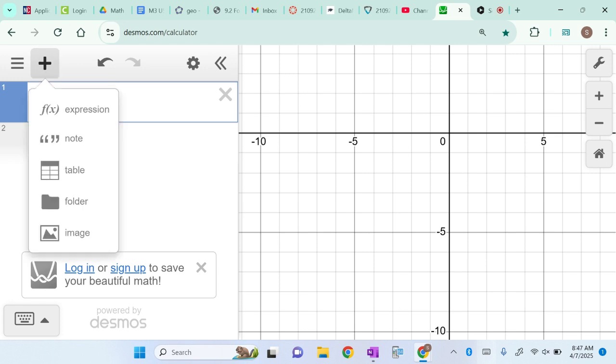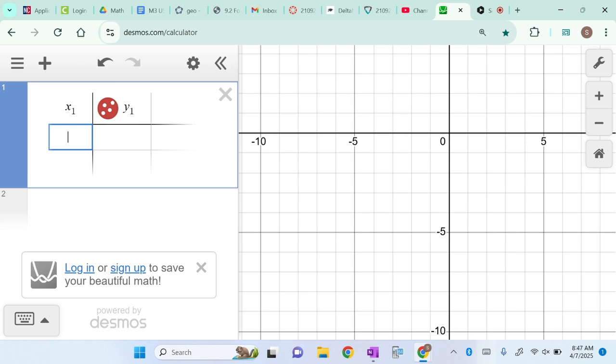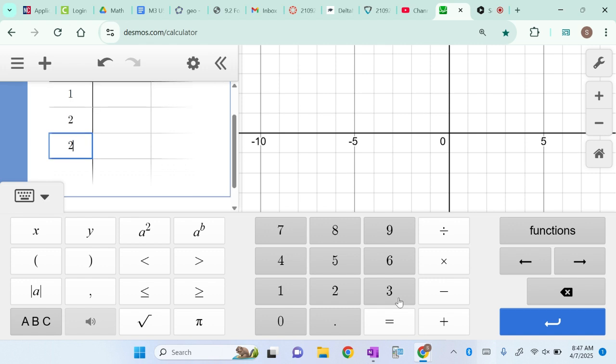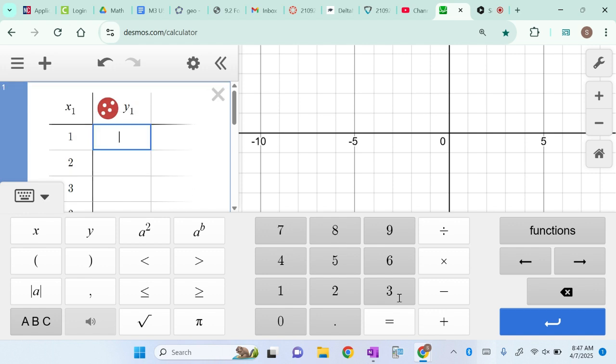So I'm going to do add table, then I'm going to do 1, 2, 3, 3, 4, 5, 6, 6, 7, 8, 8, and 9.